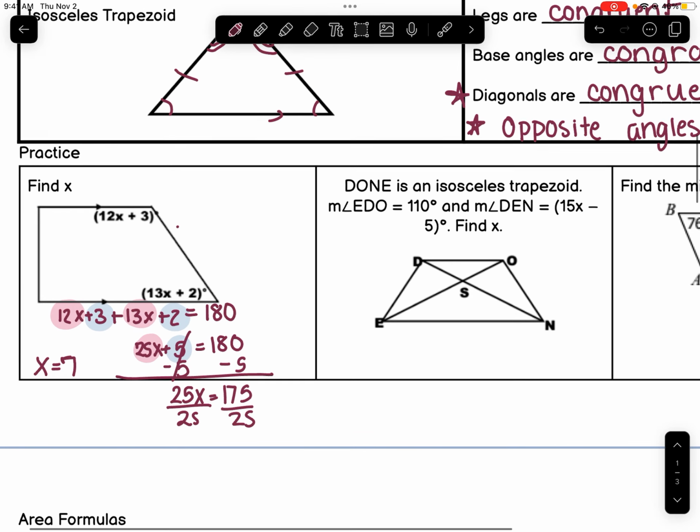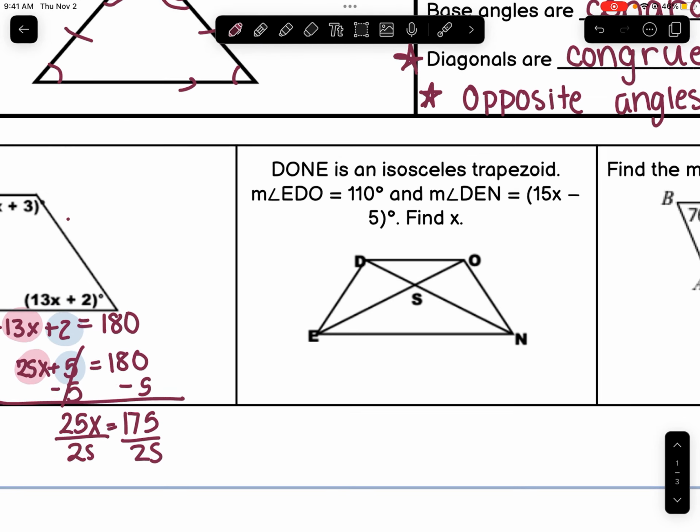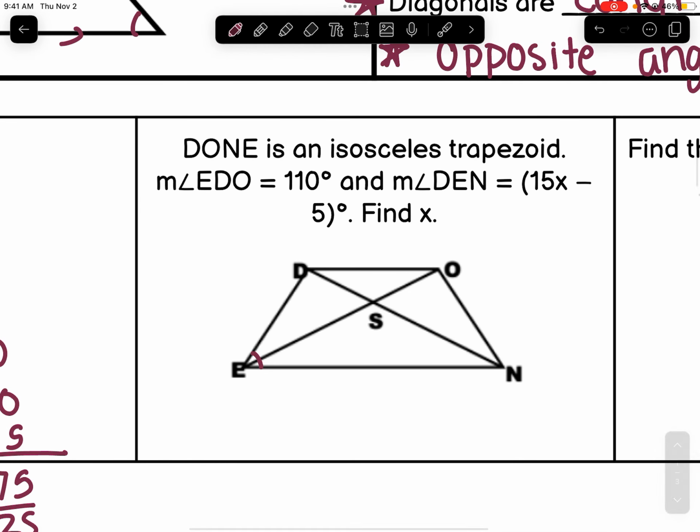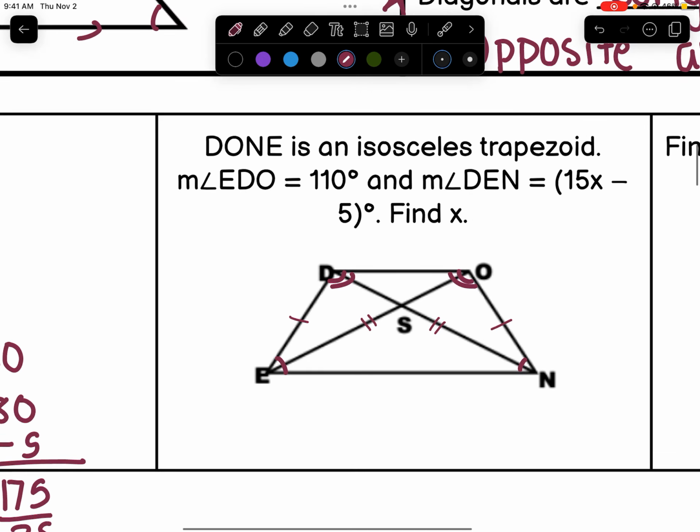All right, next we're told that quadrilateral DONE is an isosceles trapezoid. So what does that mean about our trapezoid? It means that these base angles are congruent. It also means that these legs are congruent and that these diagonals are congruent.